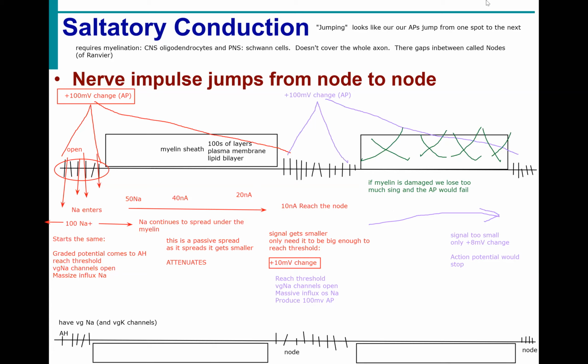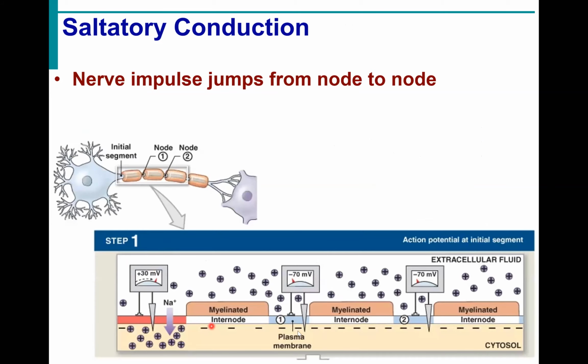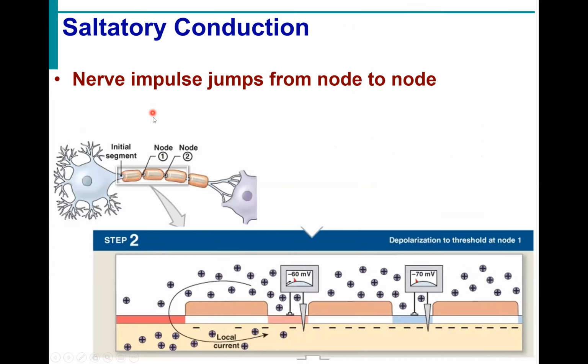All right, let me draw a pretty picture of this one, and then we'll look at the same picture from your textbook, because again, your textbook does a nice job of showing these things. So here's that exact same setup. We have our myelin sheath, we have our nodes, and we have our axon hillock. We produce that signal. That signal spreads passively, a much longer current.